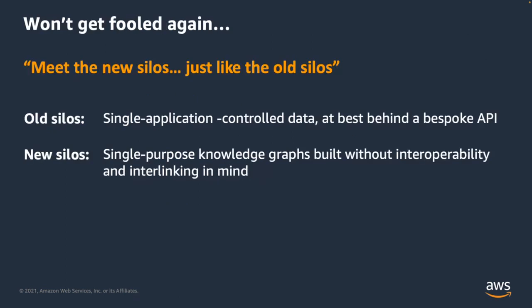But lately, when I've been looking at things, I see this. So old silos, of course, were these kind of things where a single application controls some set of data, and if you're really lucky, there's some actual API. Of course, it's a custom API for that particular application that lets you get to that data.